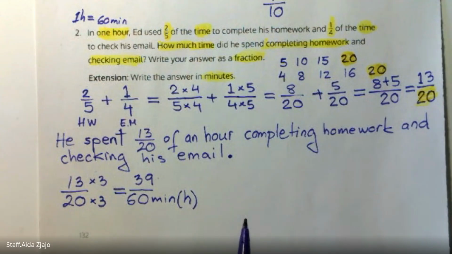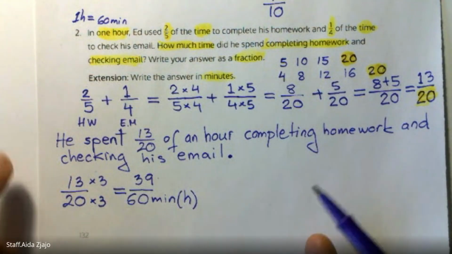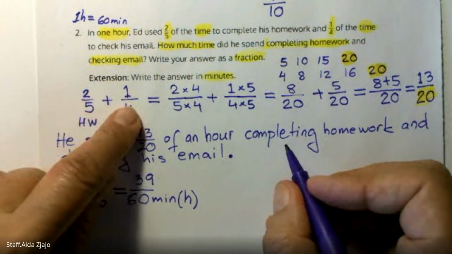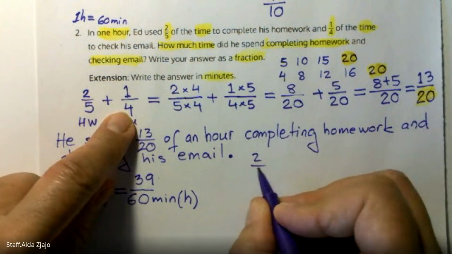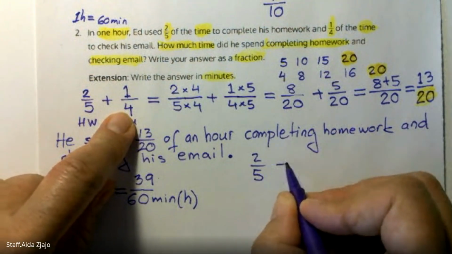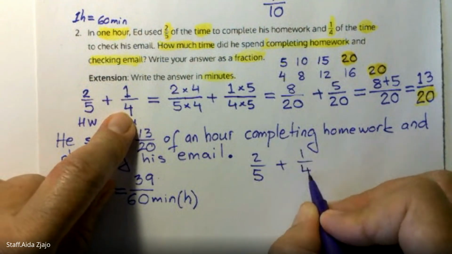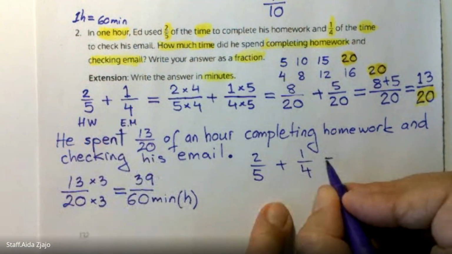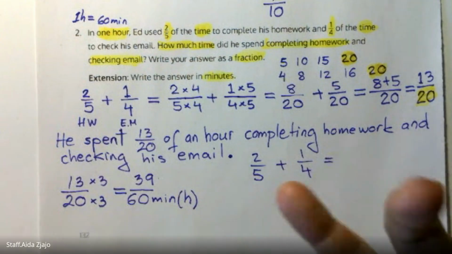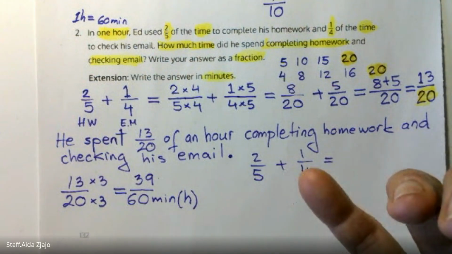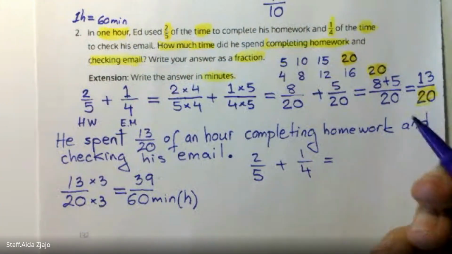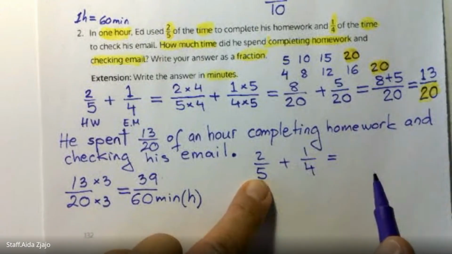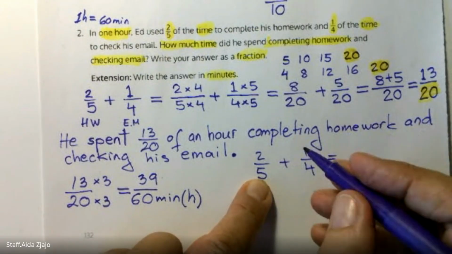There is another way to think about it. If you think 2/5 of an hour plus 1/4 of an hour, remember that the bottom has to be 60. It has to come out of 60 pieces. So you can think, 5 times what makes 60?